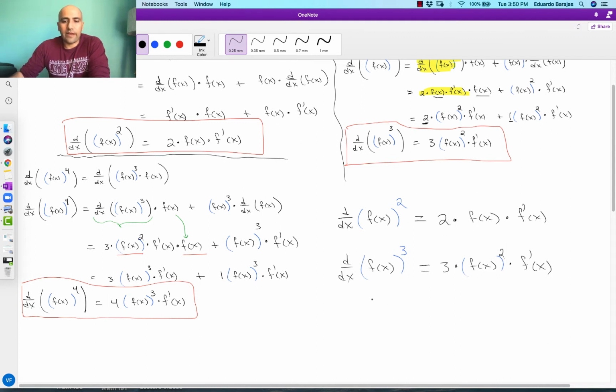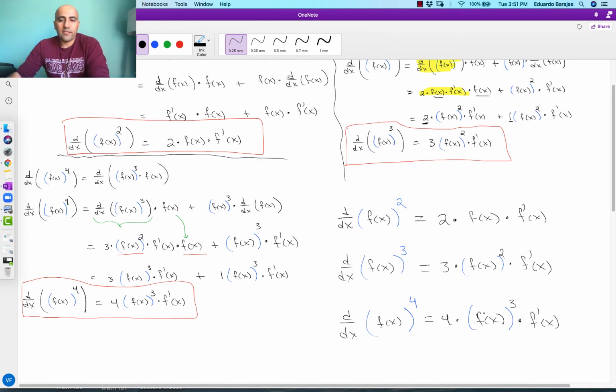I'm just copying it from there now, and then copying it from here now, the derivative with respect to x of f of x being raised to the power of 4, just copying it from there, it's going to be 4 times, parentheses, f of x being raised to the power of 3 times f prime of x.